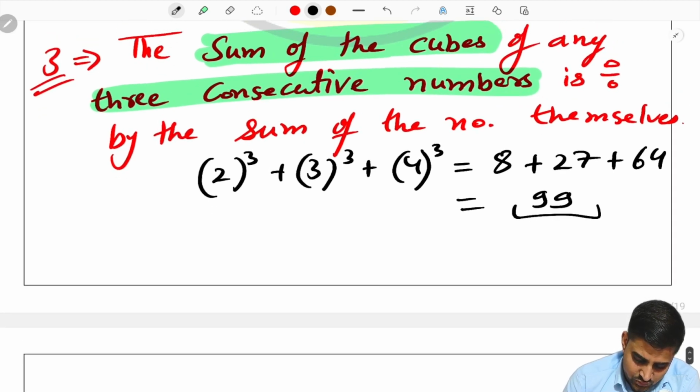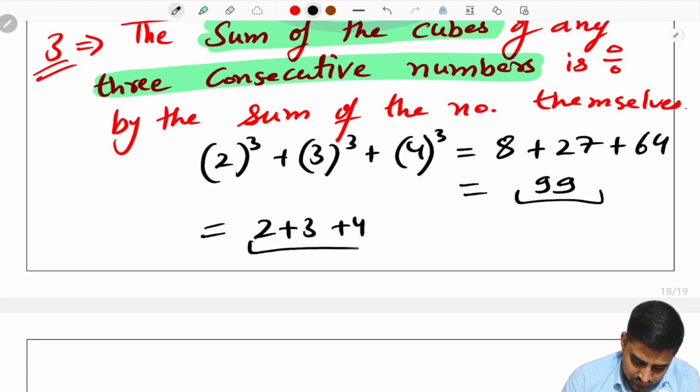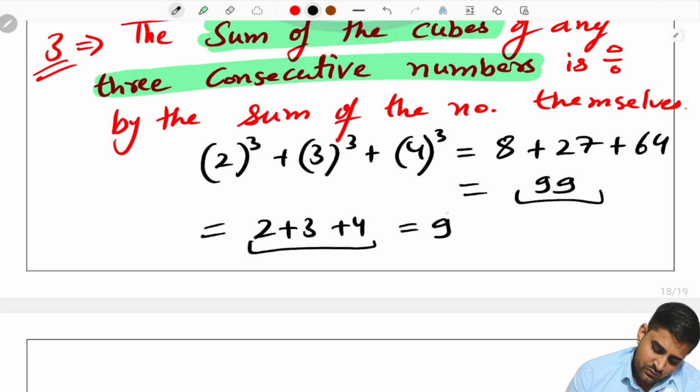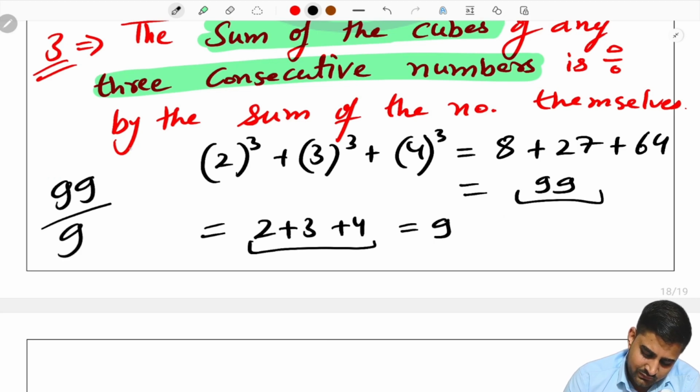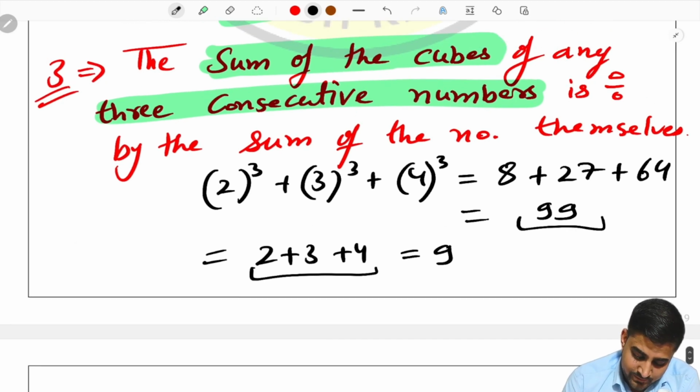Let us do the sum. 2 plus 3 plus 4, it is 9. So 99 divided by 9, is that divisible? Yes, 11 times it is divisible. That's what the property is saying.